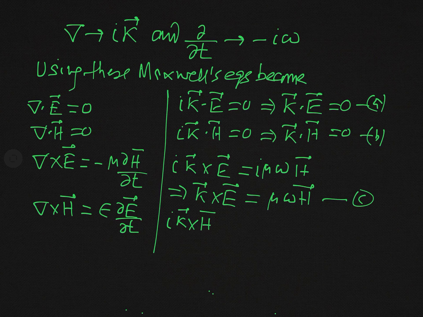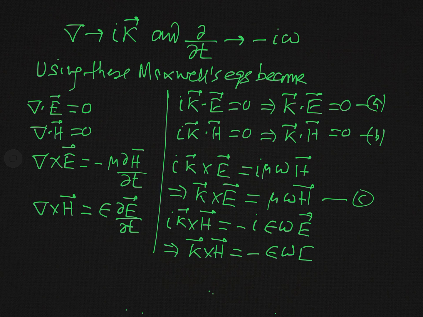This will be ik cross H, and this is equal to, here del T will be replaced by minus i omega, so this will be minus i epsilon omega E. Again i will cancel out, and so our result will be k cross H equal to minus epsilon omega E. And you can write this minus sign in left side to maintain the symmetry.